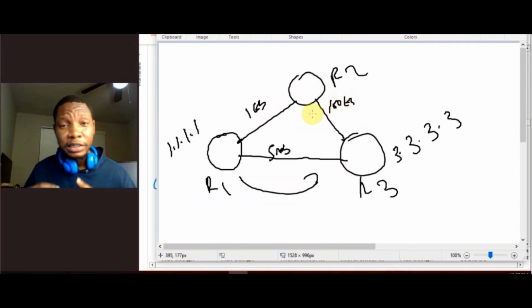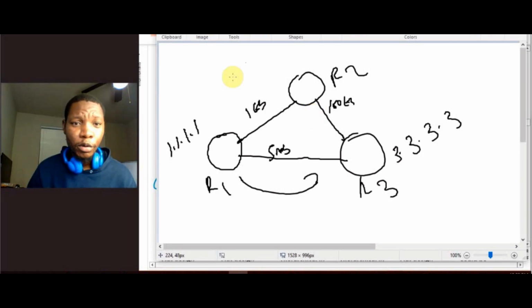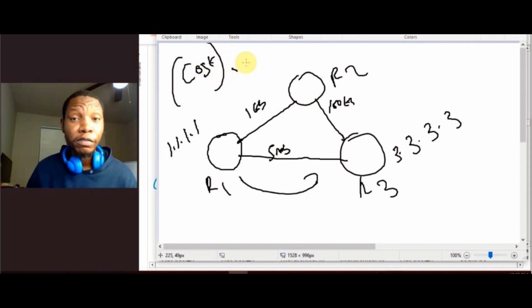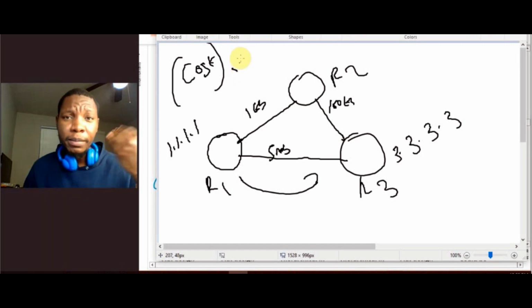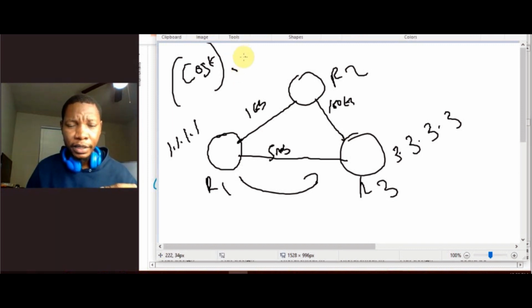Now, OSPF considers the bandwidth. It takes that into consideration. For OSPF, and also IS-IS, the cost is calculated somewhat as the inverse of the bandwidth. So the greater the bandwidth, the lower the cost, and lower means better. For the 1 gig and 10 gig paths, I'm just using make-believe costs right now, because you can manipulate cost.